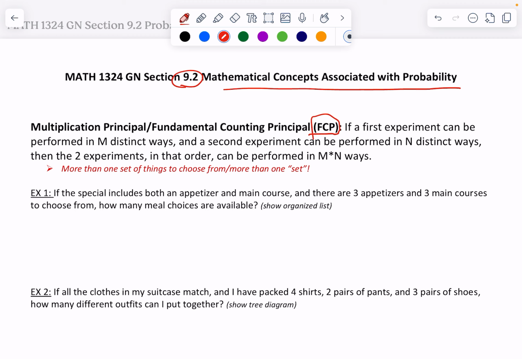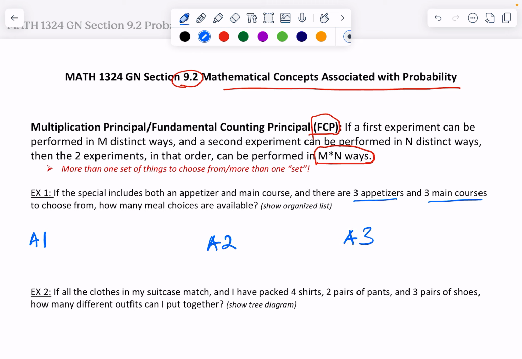If the special includes both an appetizer and a main course, and there are 3 appetizers and 3 main courses to choose from, how many meal choices are available? So we've got appetizer 1, appetizer 2, and appetizer 3.